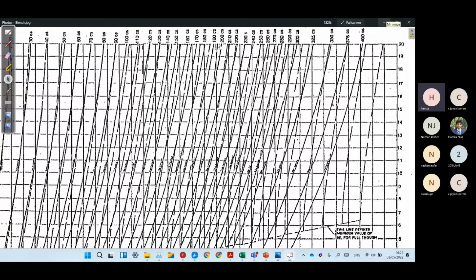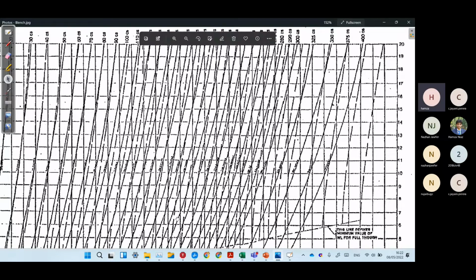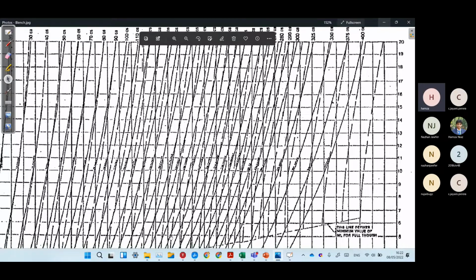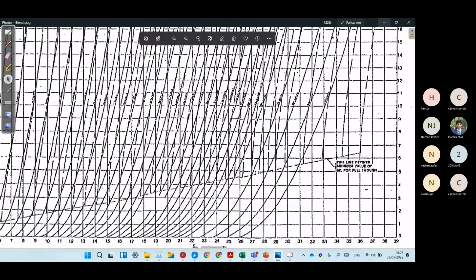For the 200 CFS curve, we move downwards to 5 on the y-axis. At this portion, our head loss value is 5.